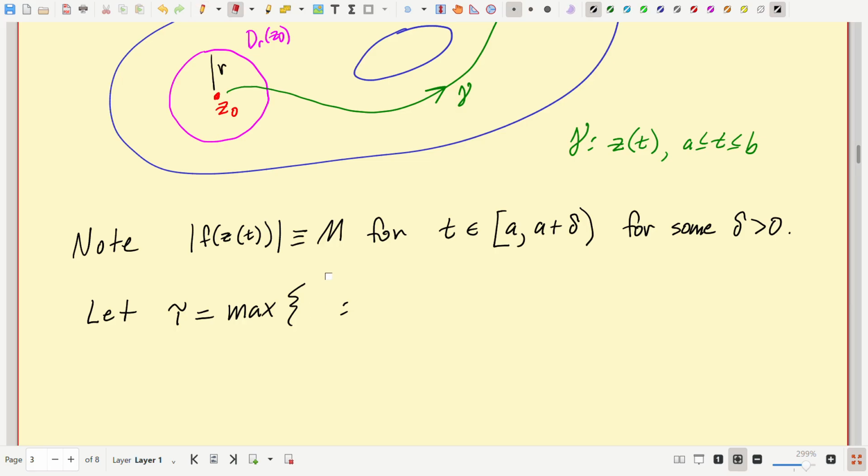So let's let tau sub m be the maximum tau such that f of z of t is identically equal to m for a less than or equal to t less than or equal to tau.